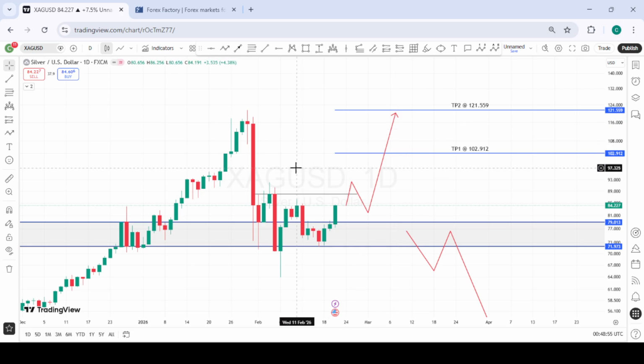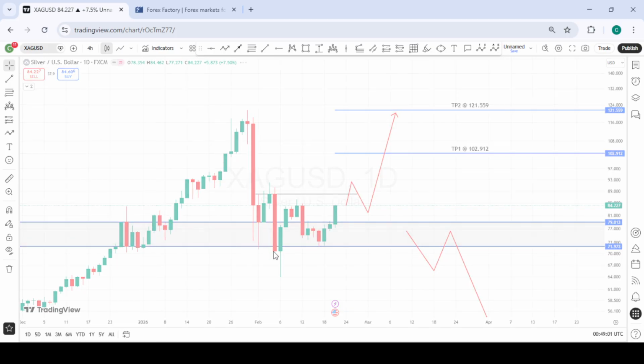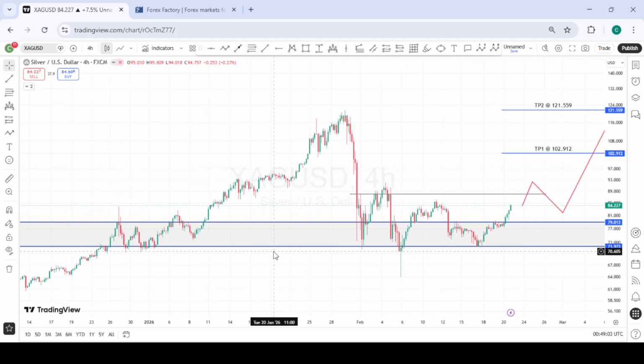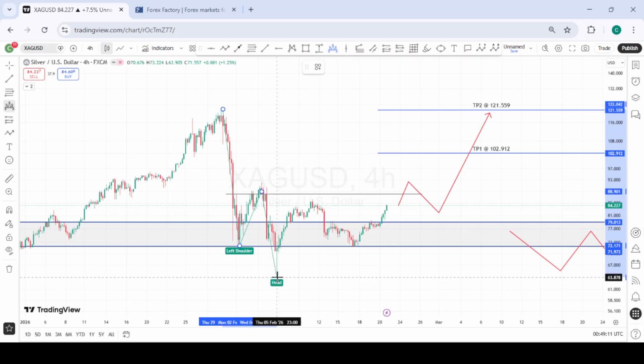We just have to be patient to see how price develops, and this is the inverse head and shoulder that is actually developing on silver. It doesn't look too clean, but this is the left shoulder, this is the head, and the head wasn't very complete, but this looks like the right shoulder that is currently developing.